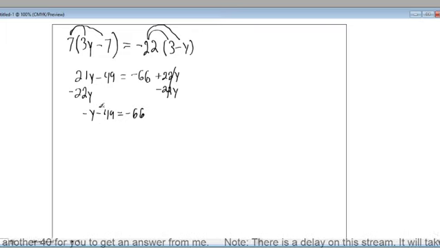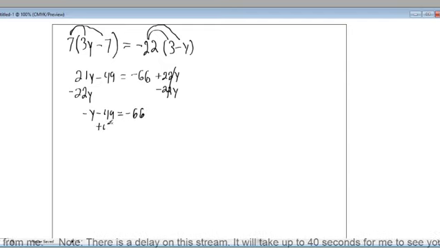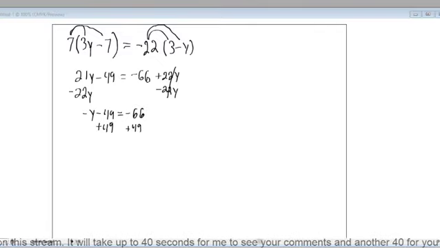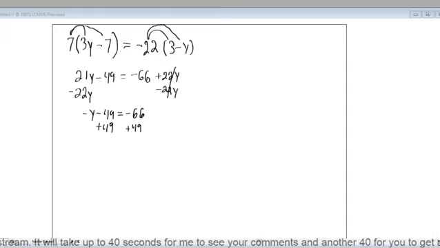Again, we want to get that y by itself, so we need to get the negative 49 away from it. Canceling it would be adding 49. And again, we want to do that to both sides.